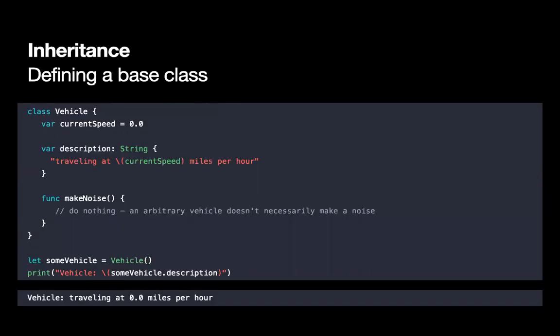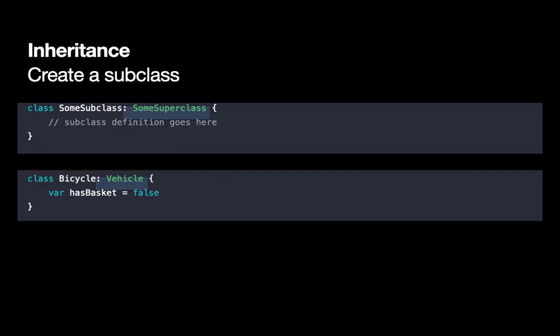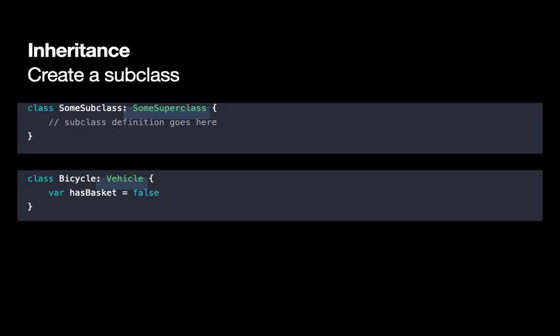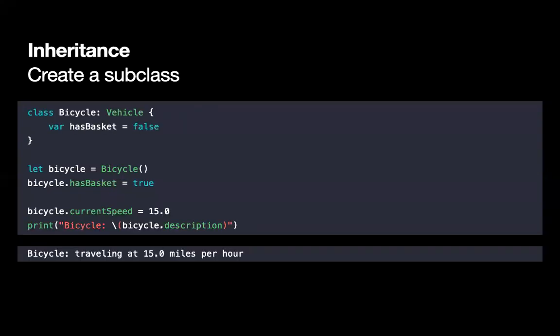Vehicle is the base class here, and we want to create the subclass for it, so Bicycle is the subclass which will inherit. This is the syntax you have to write: class Bicycle: Vehicle, with the variable hasBasket, which has the Boolean value false.